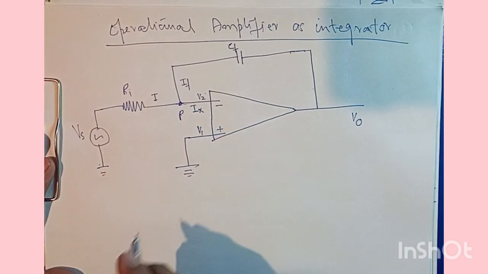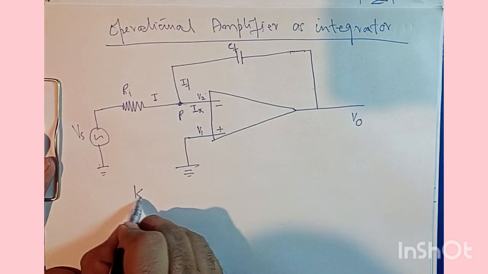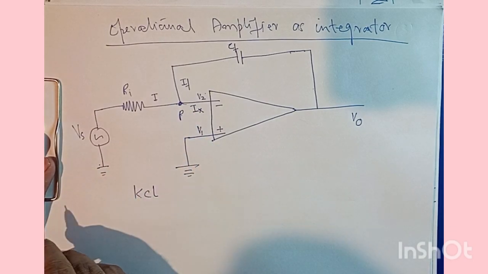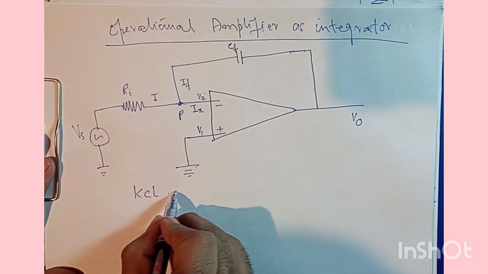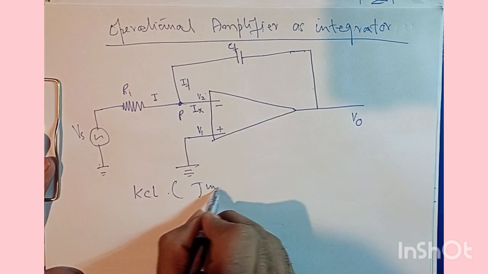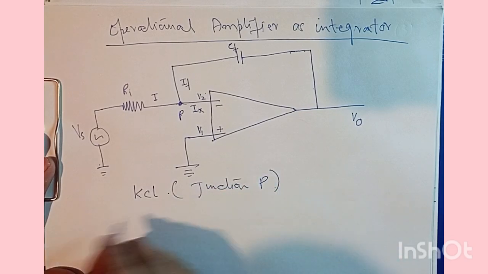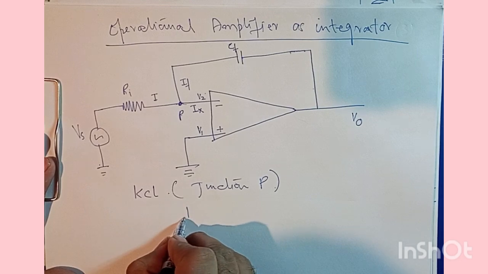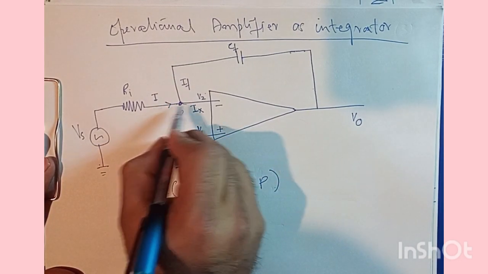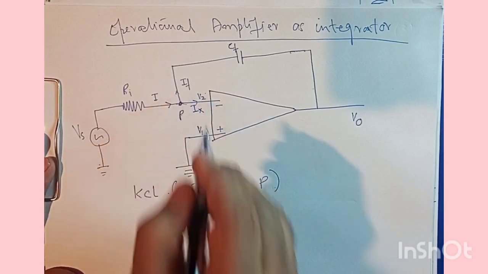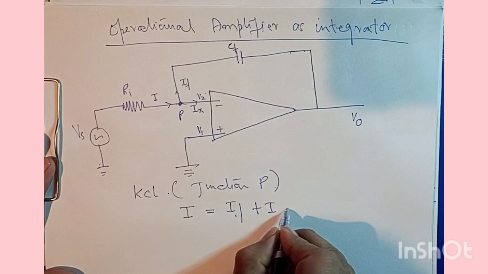We can immediately think about Kirchhoff's current law, and we can use that at junction P. The incoming current is I, and the outgoing currents are IF and IX.